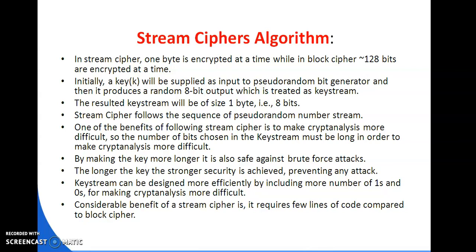Initially, a key will be supplied as input to a pseudo-random bit generator, and then it produces a random 8-bit output, which is treated as key stream. The resulting key stream will be of size 1 byte, that is 8 bits. Stream cipher follows the sequence of pseudo-random number streams.